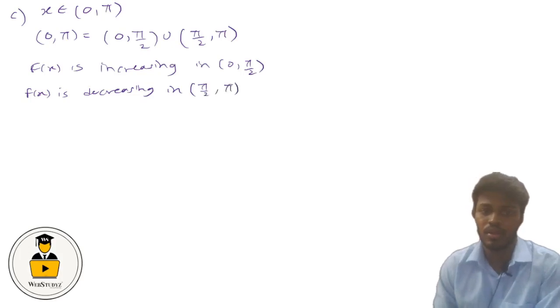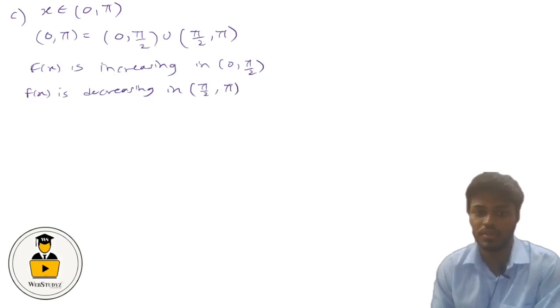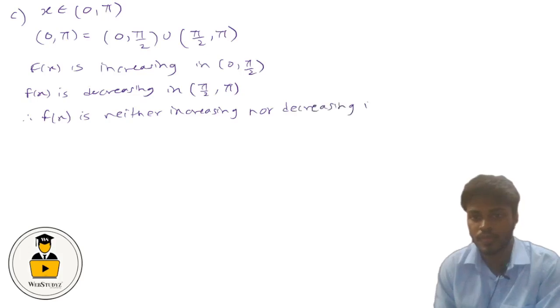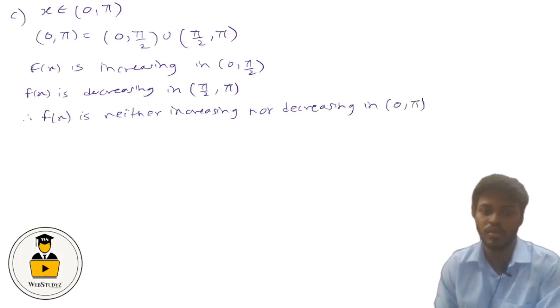So since in half of the region the function is increasing and in half of the region the function is decreasing, therefore we can say that f of x is neither increasing nor decreasing in 0 to pi.